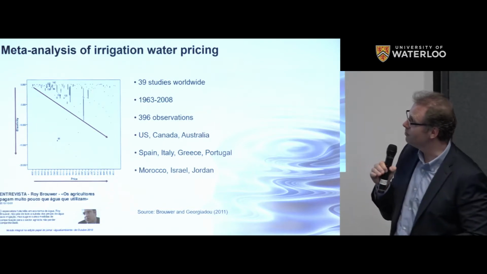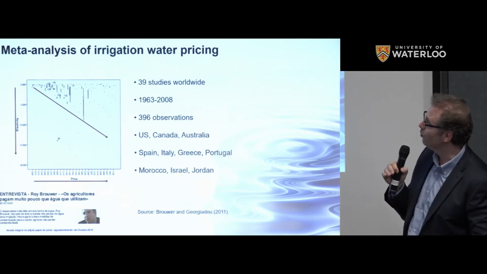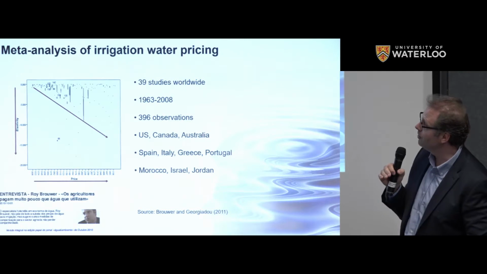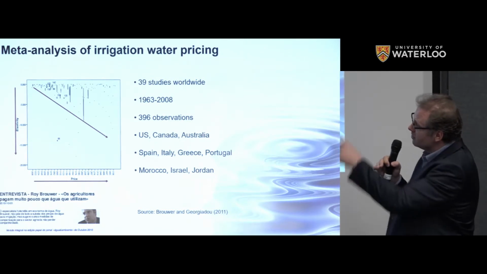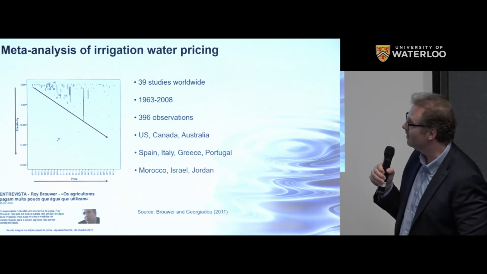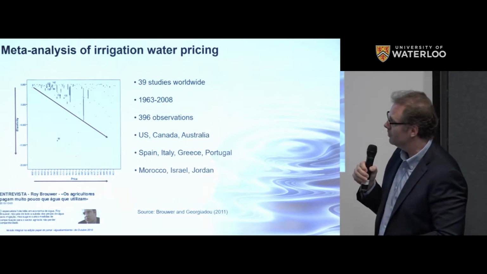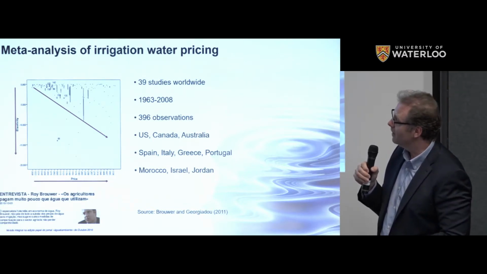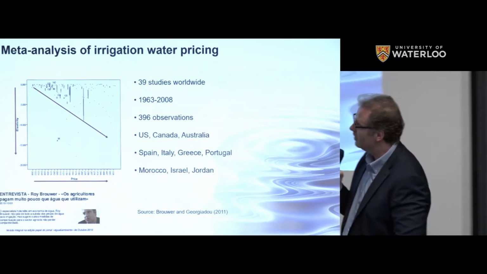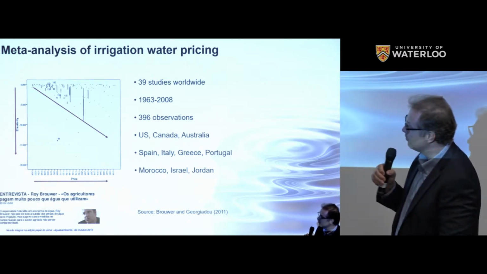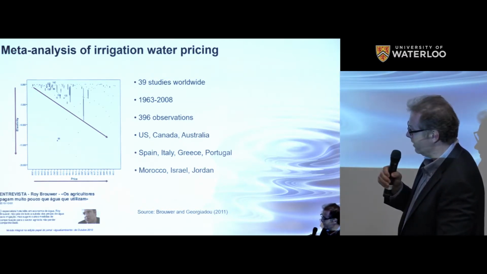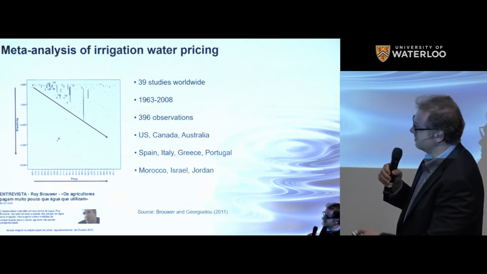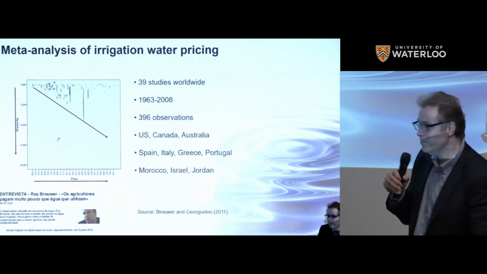I managed to find just under 40 studies worldwide over a larger time period, almost 400 observations in different places, including here in Canada, but especially in South Europe, North Africa. And there was a significant negative correlation between the price that farmers currently already pay and the size of the elasticity. And it makes a lot of sense.